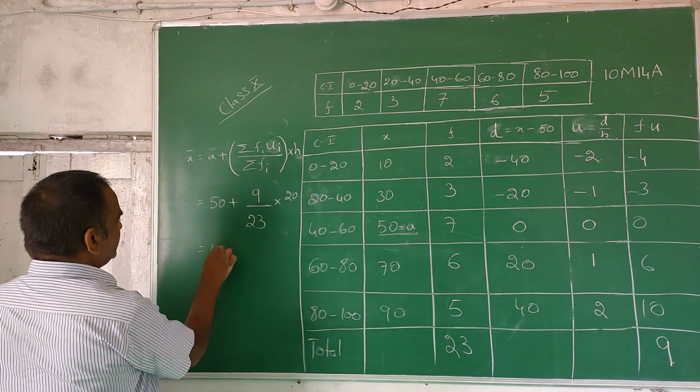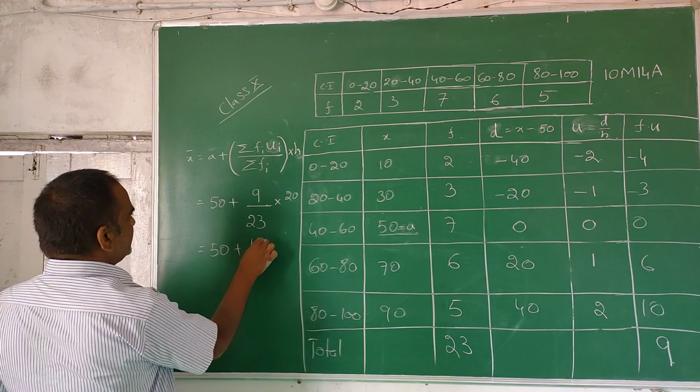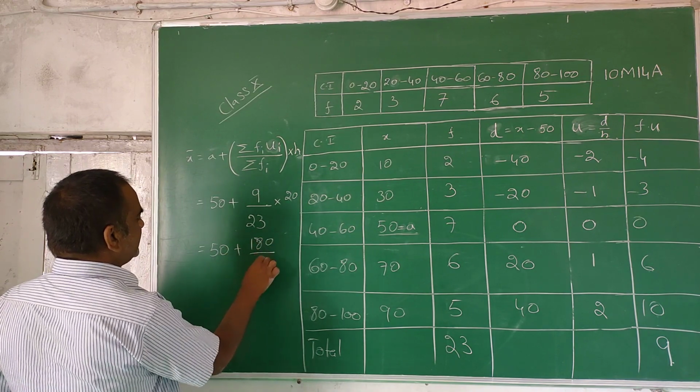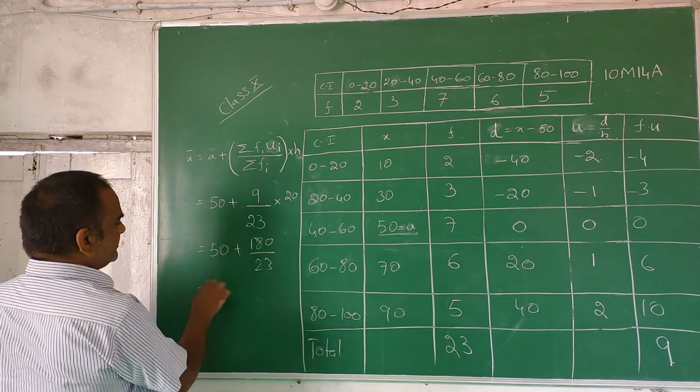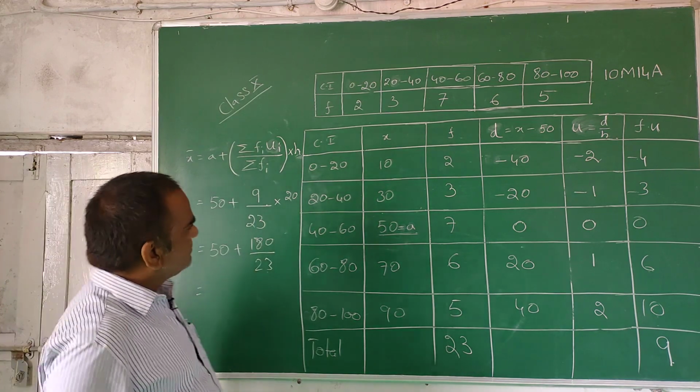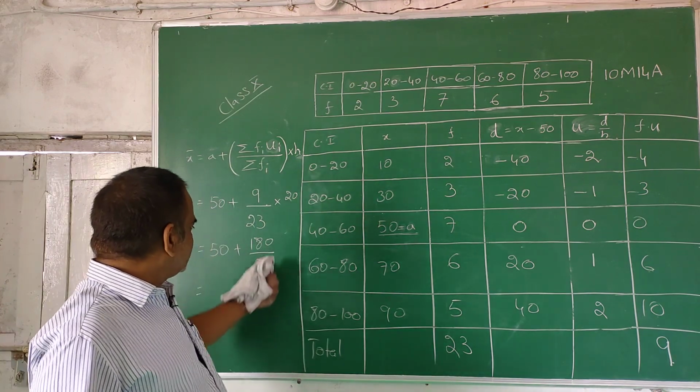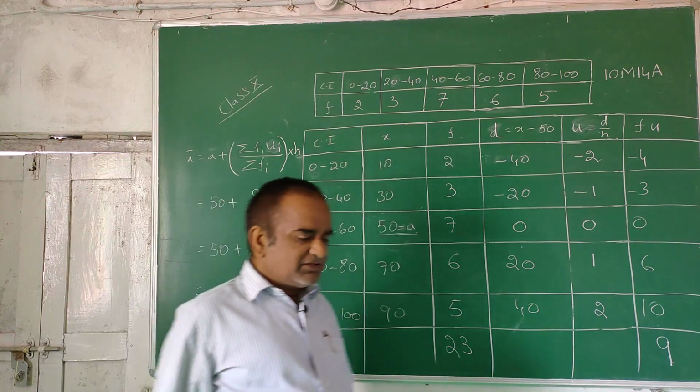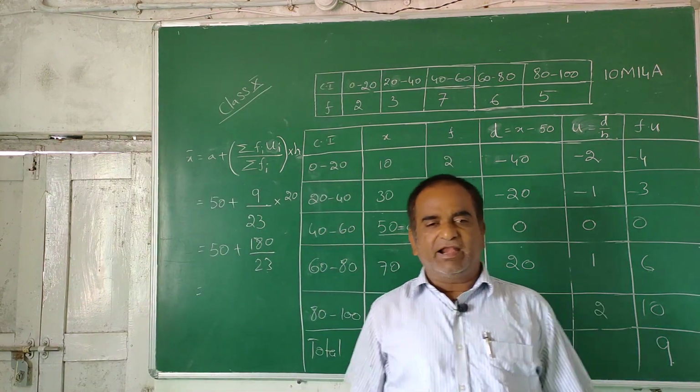So 50 plus 180 by 23 is the same thing you got in the previous one. So you go for the next step: just take this quotient and add. So this is called the step deviation method. I think you understood.